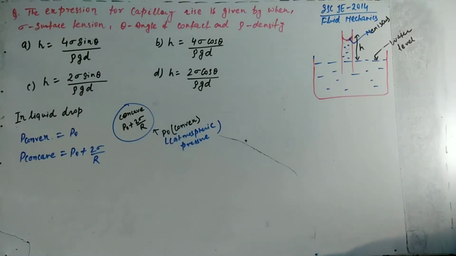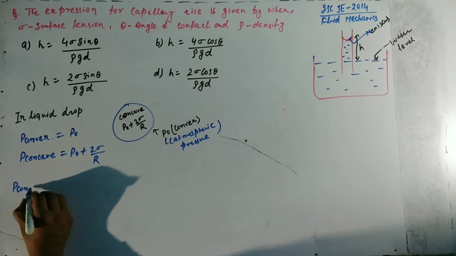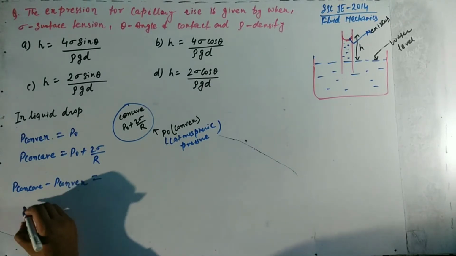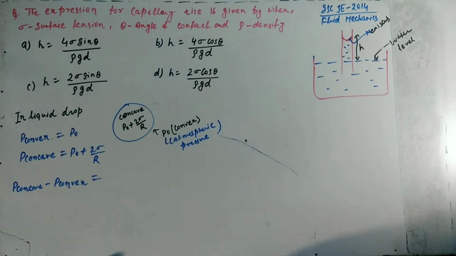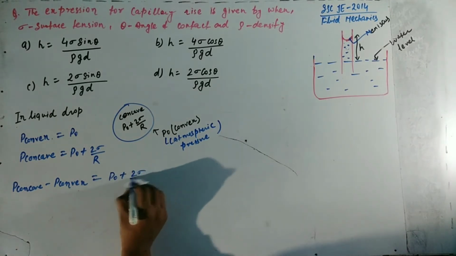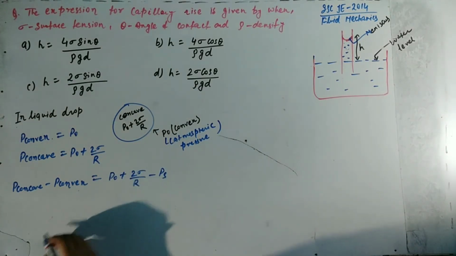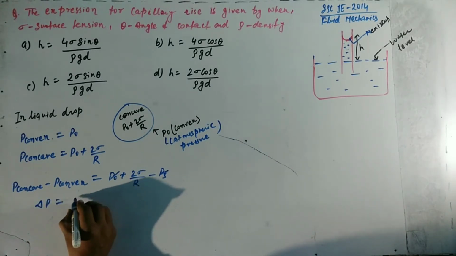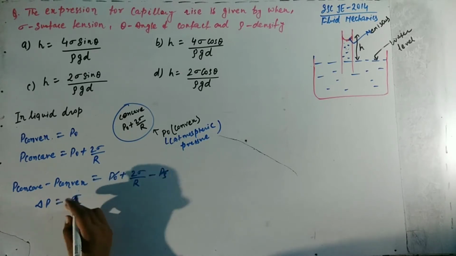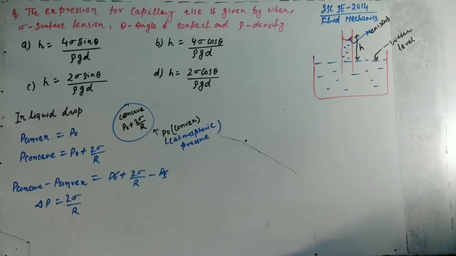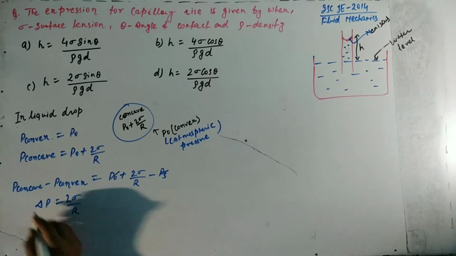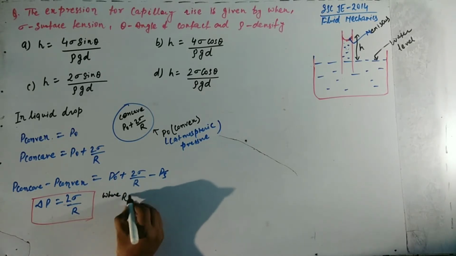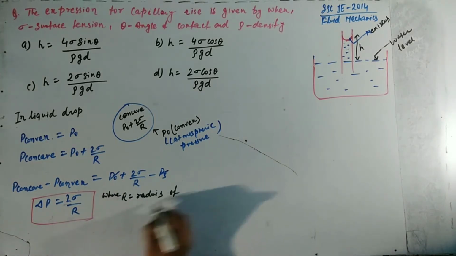Therefore the change in pressure in the liquid drop is P concave minus P convex, which equals P naught plus 2 sigma by R minus P naught. So the change in pressure, delta P, equals 2 sigma by R, where R is the radius of the meniscus.